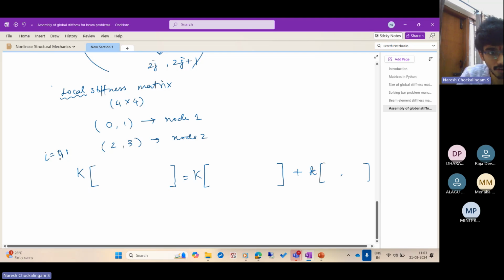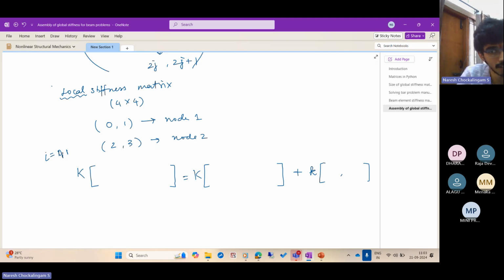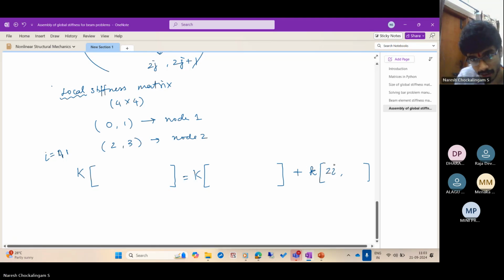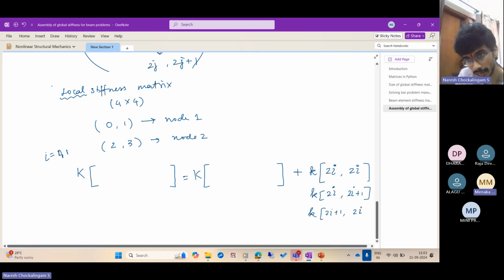But for every local node, we have two components. What are the two components? One is 2i, and the other is 2i plus 1. Then 2i, 2i; 2i, 2i plus 1; 2i plus 1, 2i; 2i plus 1, 2i plus 1.